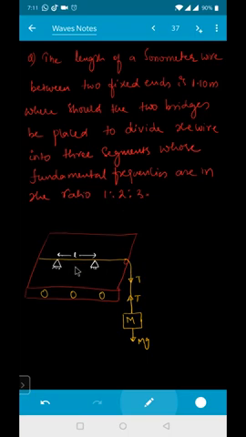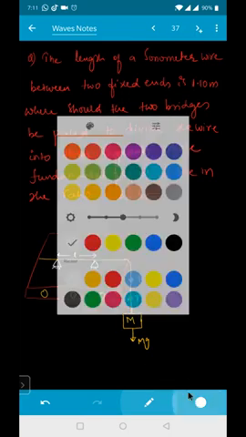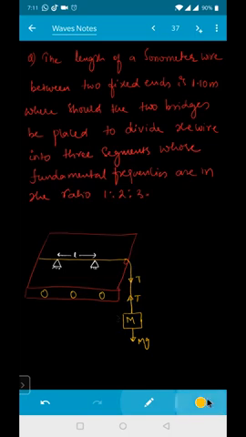That means in between, we should get three segments, three loops forming in this. Is it clear?